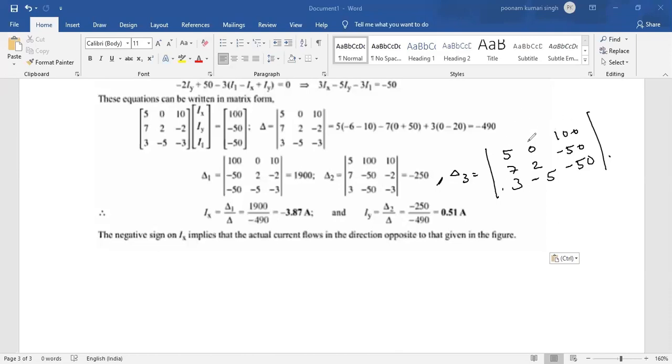Anyone? Please, I need four or five people to tell me this value, to confirm this value.